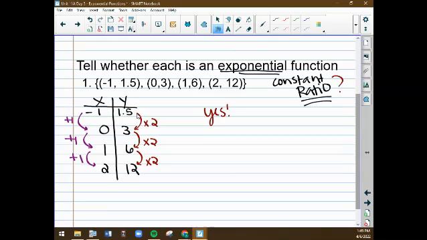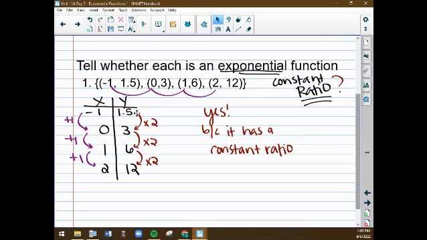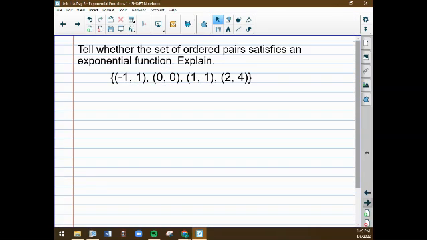It must be exponential because it has a constant ratio. Okay, you could have gone from x to x in the list, and then from y to y in your list, but it is nice to rewrite it as a table and see that clearly.